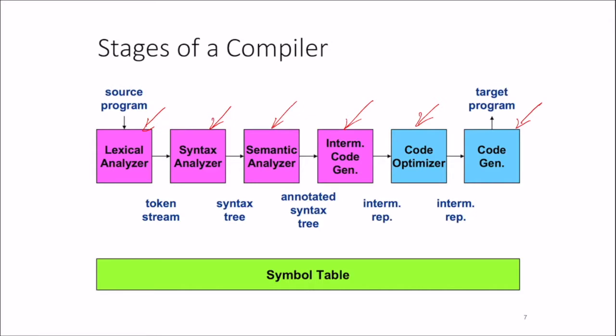You can see that there is a split here. This side of the split is the front end. This side of the split is the back end. And overall, across the stages, we have a common data structure called the symbol table that manages all the names of things, names of functions, names of variables, etc.